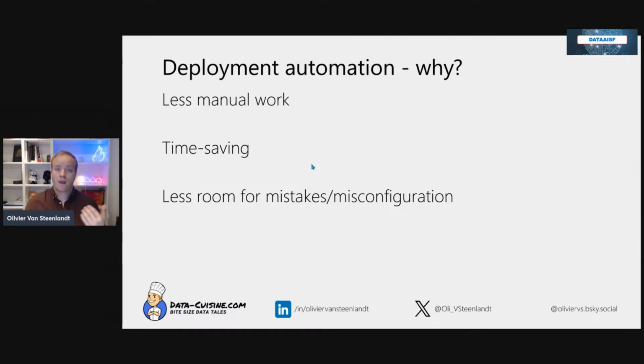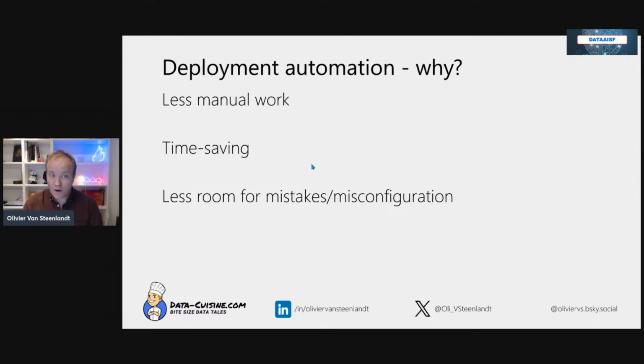Well, first of all, I like to execute less manual work. That's the first thing I really want to do. Less manual work is something I really believe in, since I would be saving time. If I can gain some time by automating some things, I'm happy to do it.